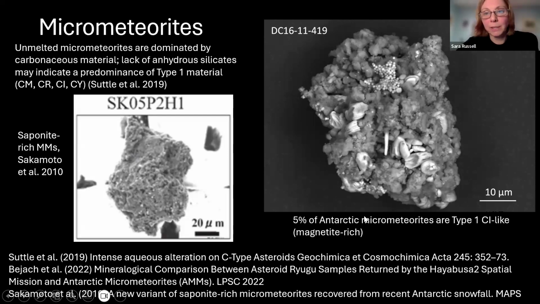And then this lovely picture of a magnetite-rich micrometeorite that Cécile Engrand sent me. The Paris group, Bejach et al., estimated that around 5% of Antarctic micrometeorites are Ci-like. That's a load more than we see in our meteorite collections as a proportion.